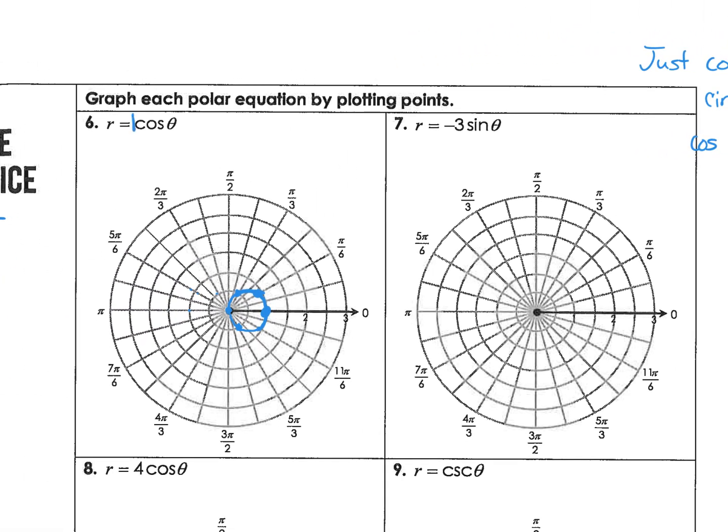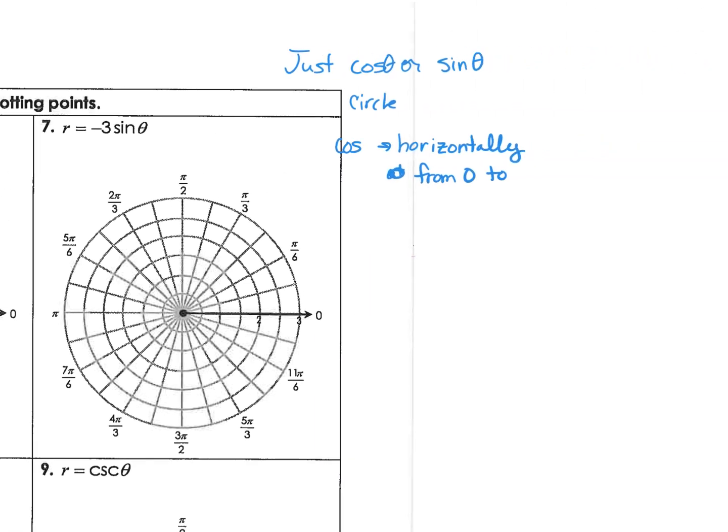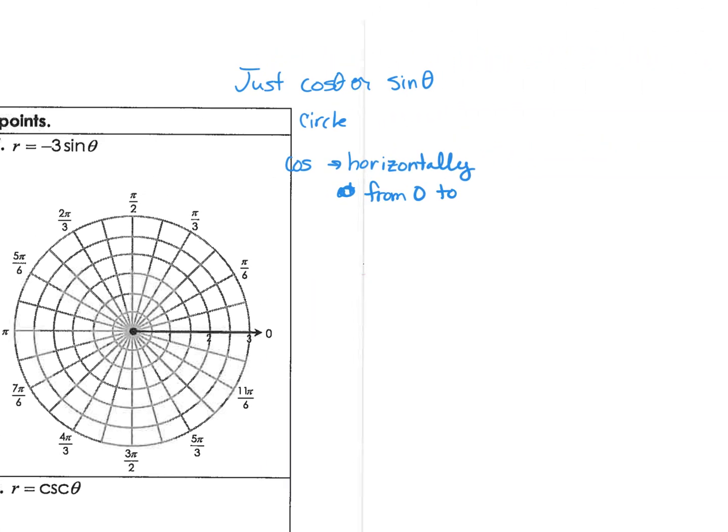There's an implied one right here. The coefficient in front. Okay, sine is going to go vertically from 0 to the coefficient in front.